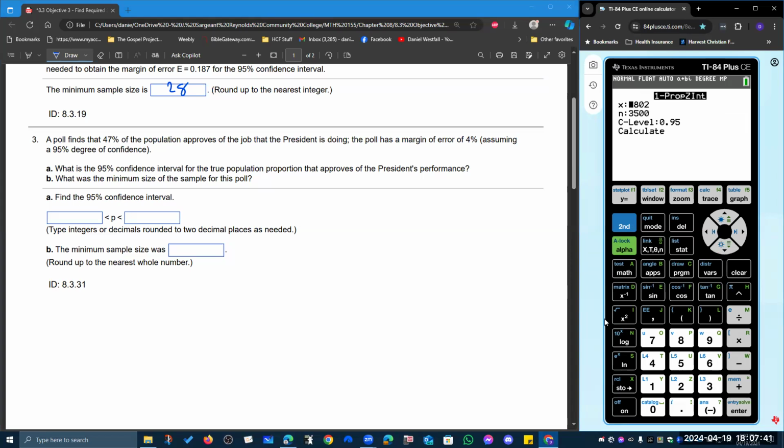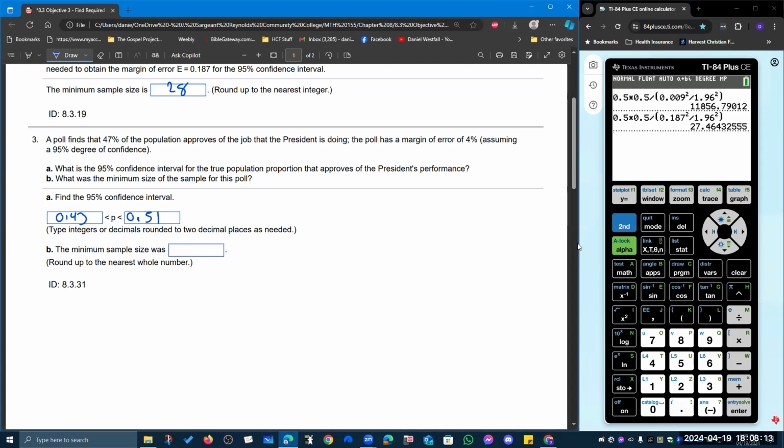We have 47%, and the confidence interval is 51% on this side and 43% here. We don't even need to plug that in, because we're just adding and subtracting the 4%.